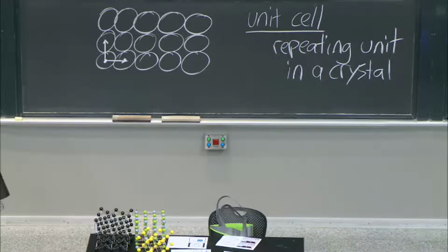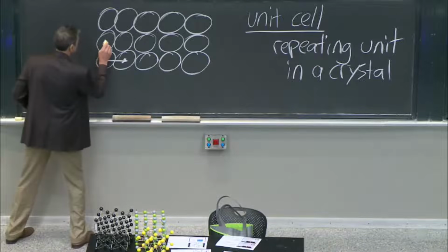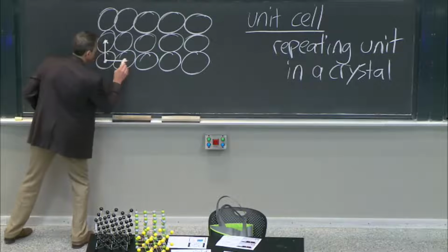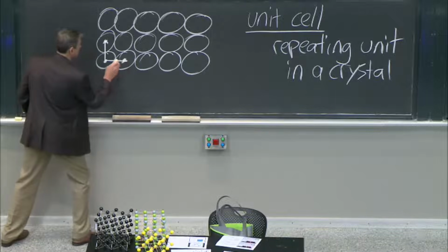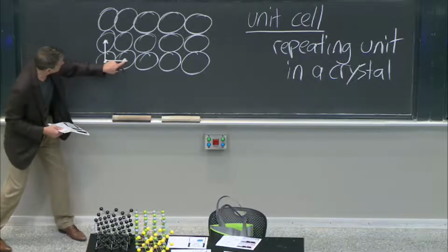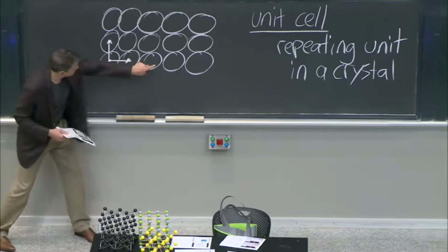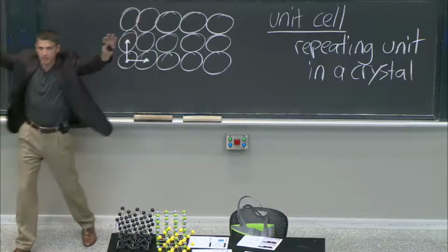So those are my stamps, the vectors there. They should go to the center of the next cannonball. Now if I translate them over to there, I get the next unit cell and the next one, and I go up and I go over and I get the tiling of all space.